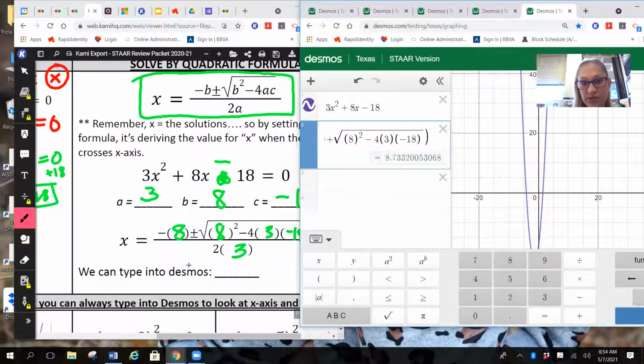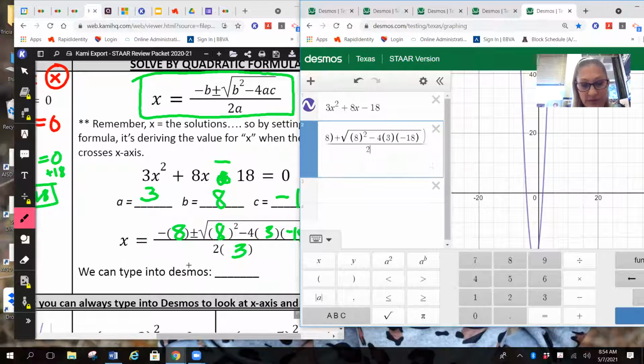Let's put this in a parenthesis and let's open it up. Yeah, so this is pretty challenging when you've never done this before to put this into Desmos.